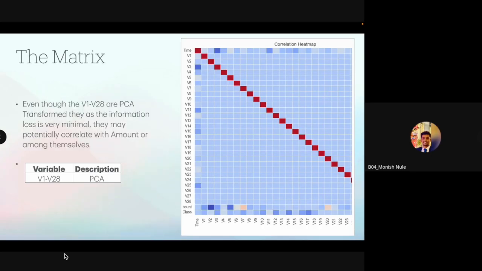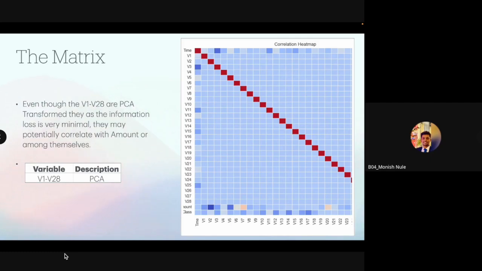On the next slide, we can see the correlation matrix between the V1 to V28 components, and the time and amount components as well. Here you can see amount correlates with the V7 and V20 components.